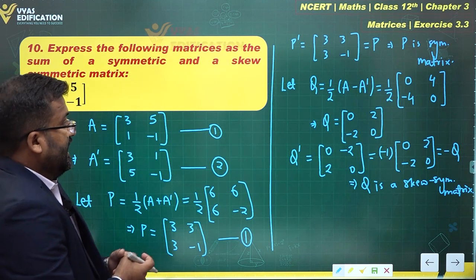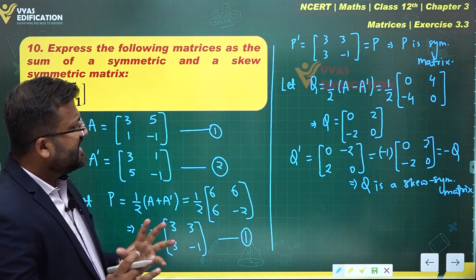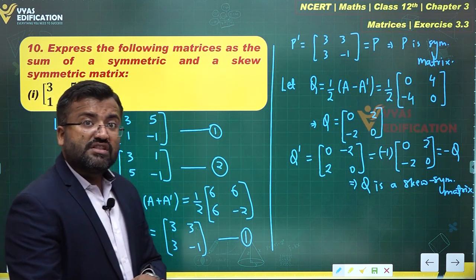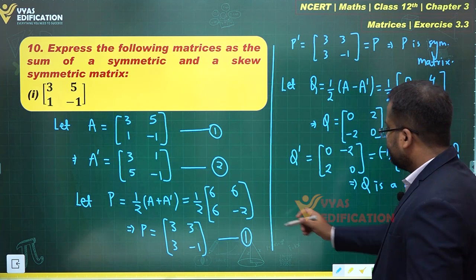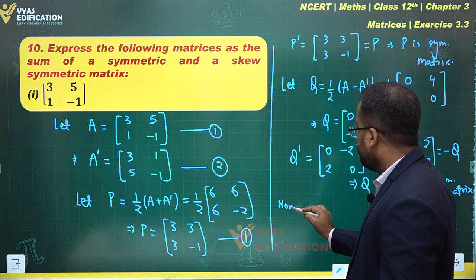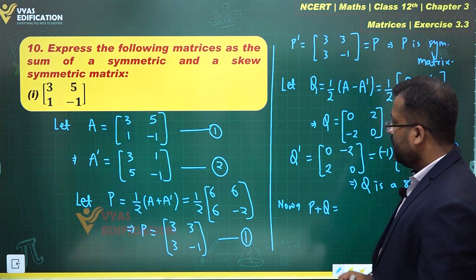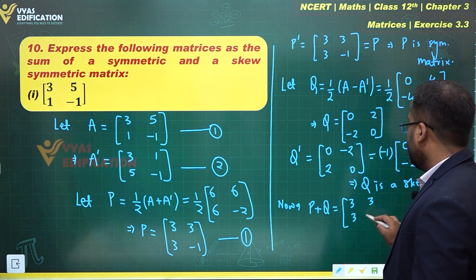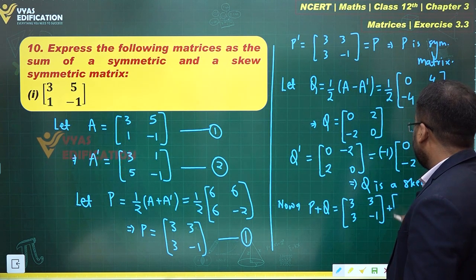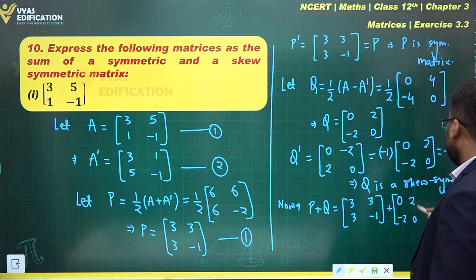Once we have found that Q is a skew symmetric matrix, let's check the sum of P and Q. Now, P plus Q is equal to what? P is 3, 3, 3, minus 1 plus Q is 0, 2, minus 2, 0.